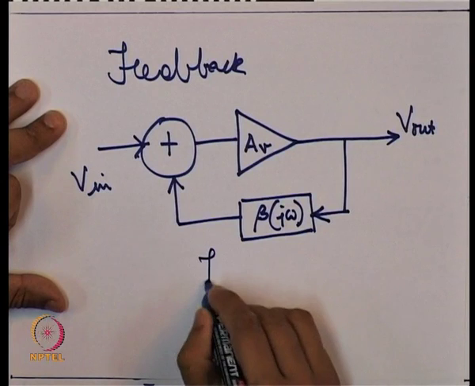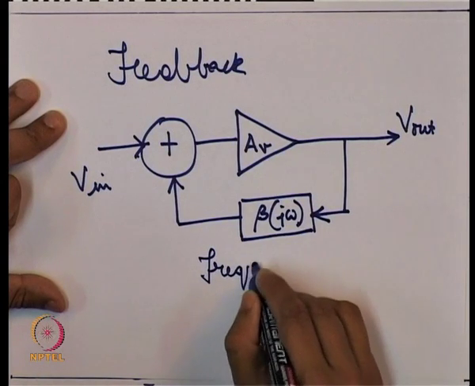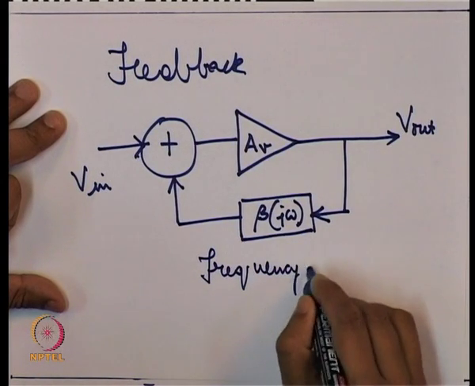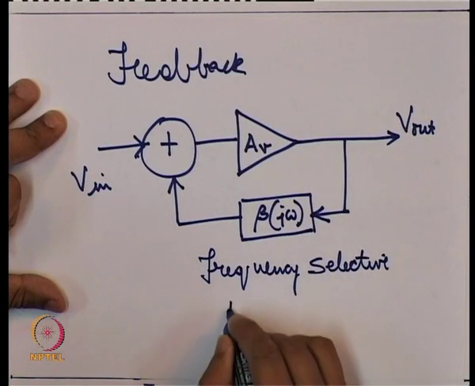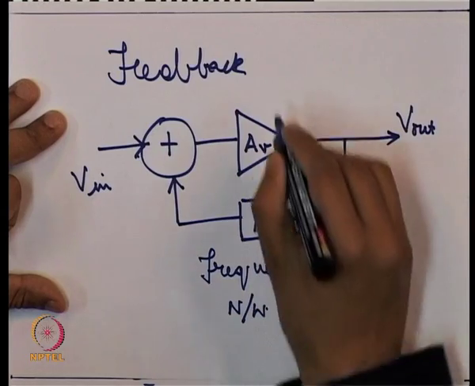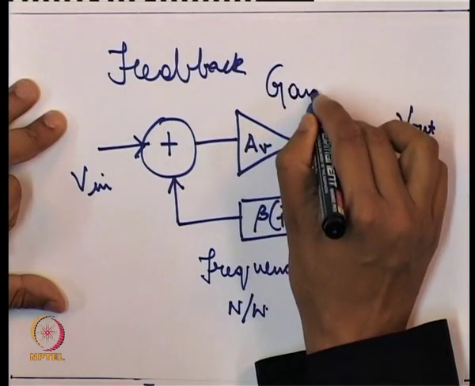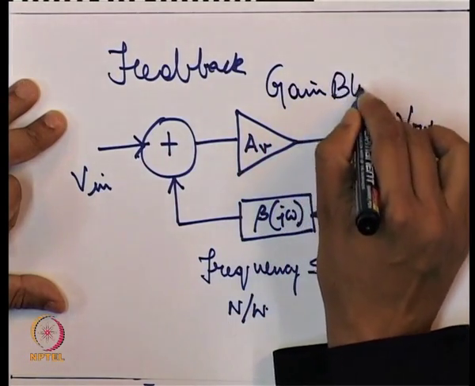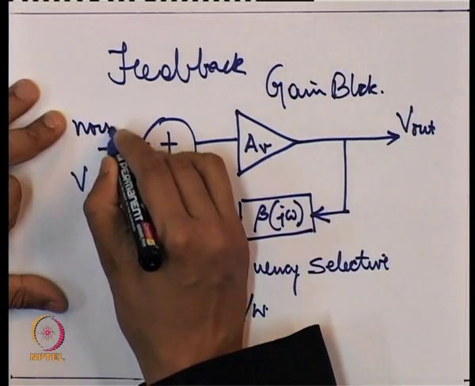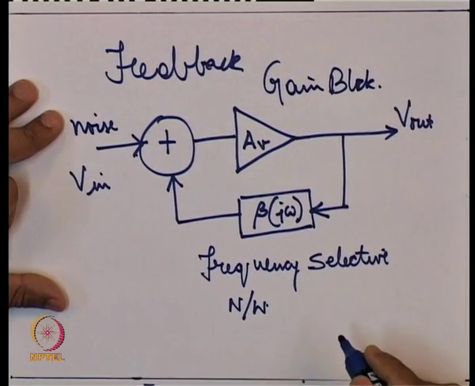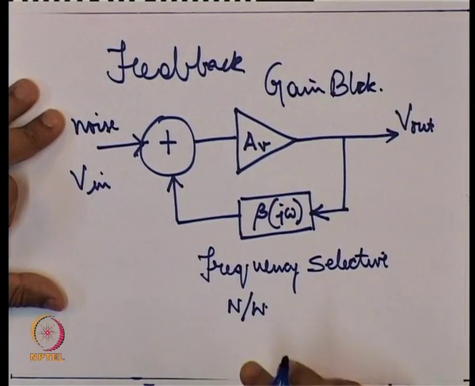This is a frequency selective network. This is our gain block. This is an input voltage. For now, let us assume that the input voltage is a noise.